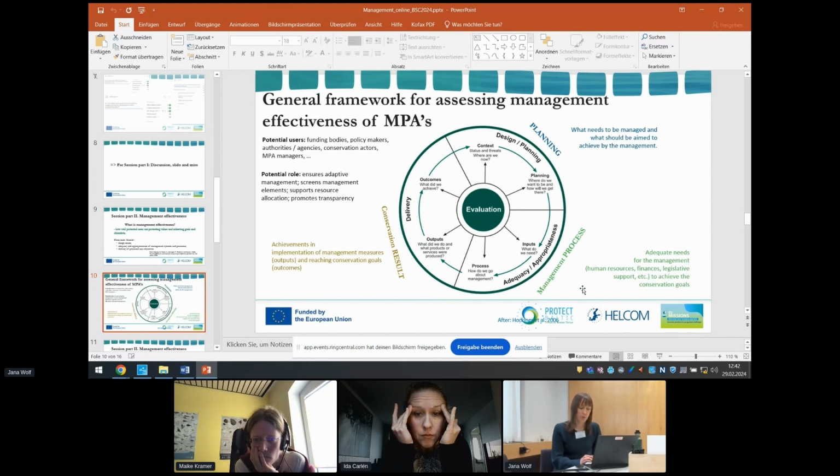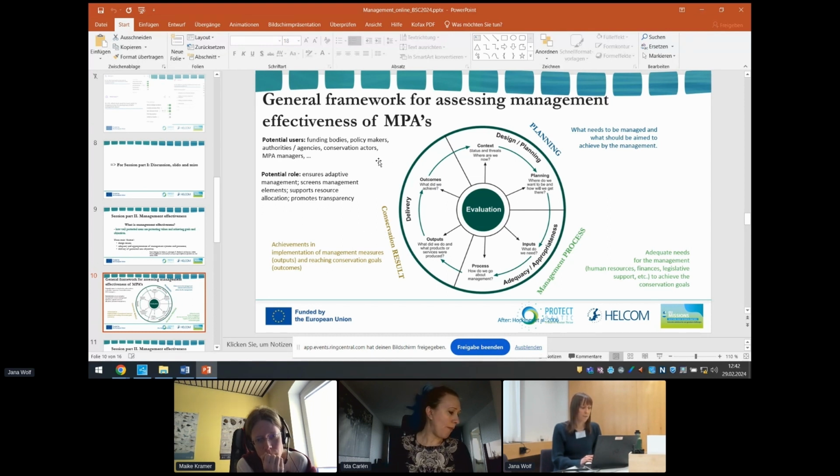Then the management process, which deals with the adequate needs for the management to achieve the conservation goals. And then the third part is the conservation results: delivery, outcomes and outputs, which deals with implementation of management measures and reaching the conservation goals.